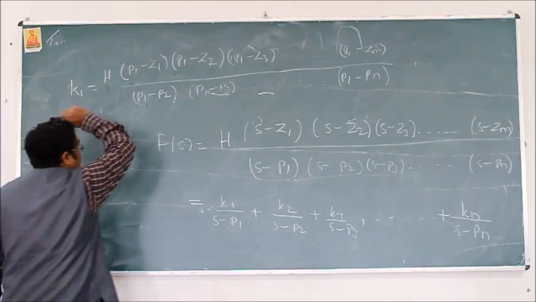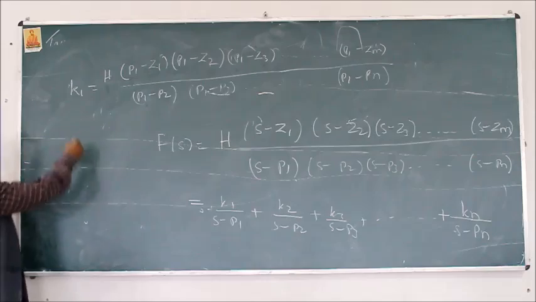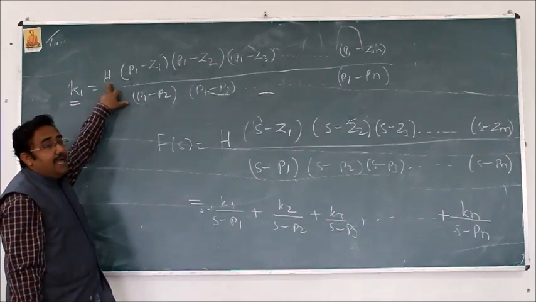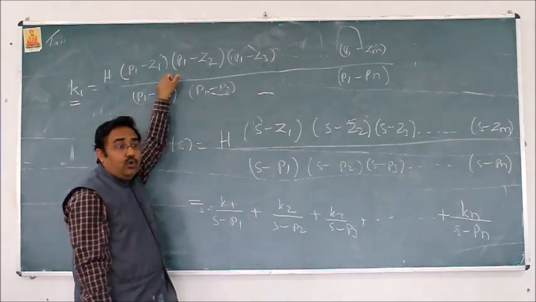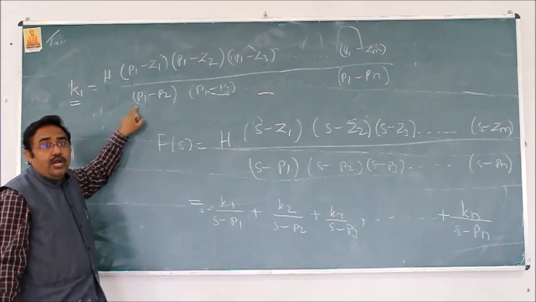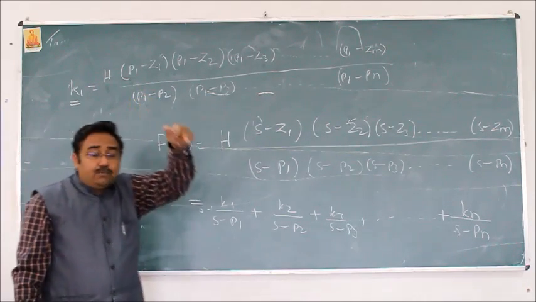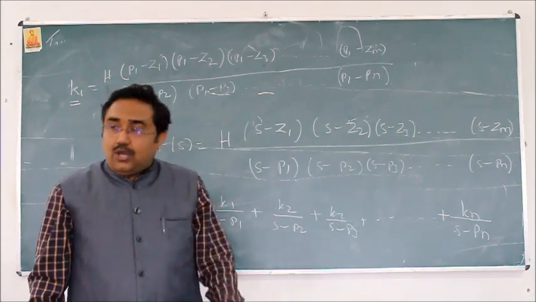So now just infer what this whole expression is saying. The residue K1 is equal to H multiplied by the product of the phasors of all the zeros drawn up to that pole, divided by the product of all the phasors of poles drawn up to that pole in concern. Are you getting my point?